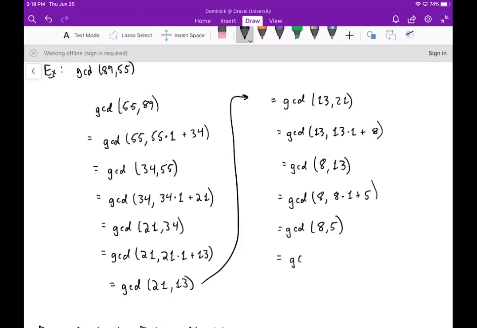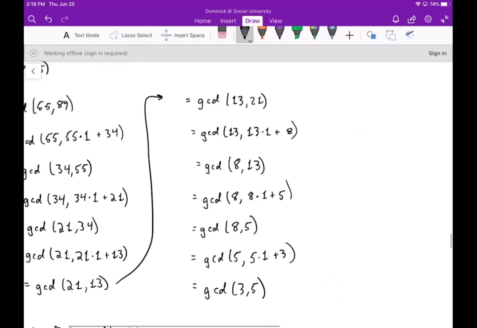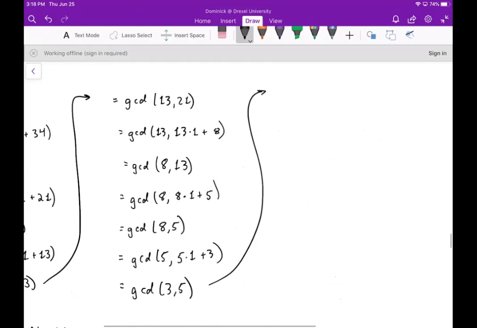So this is the GCD of 5, and then 5 times 1 plus 3. So the GCD of 3 and 5, and then 3 times 1 plus 2.